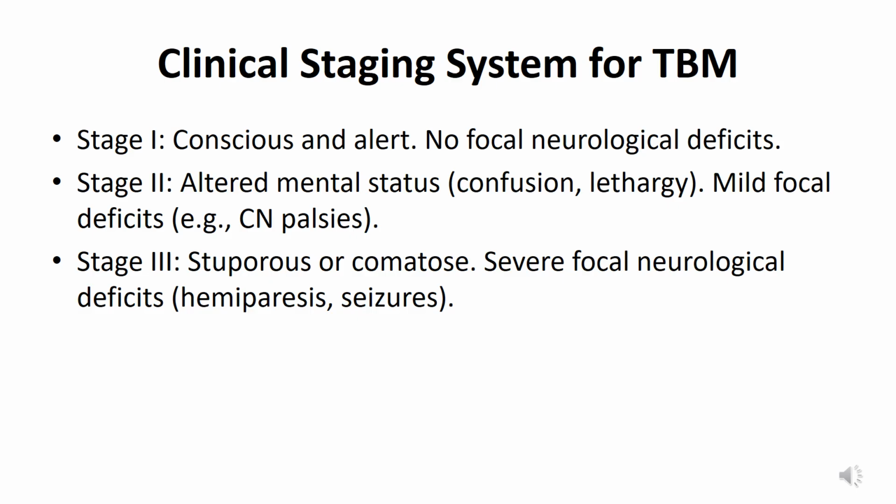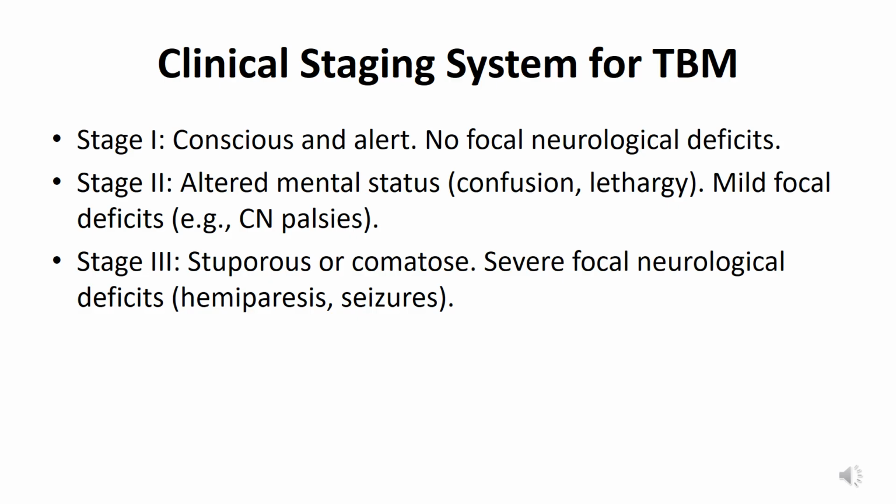Next is stage 2. This stage represents disease progression and increasing inflammation within the brain and meninges. Patients often develop alterations in mental status. They may appear confused, forgetful, irritable, or unusually lethargic. Family members frequently notice that the patient is not behaving normally. Mild focal neurological deficits may also emerge.